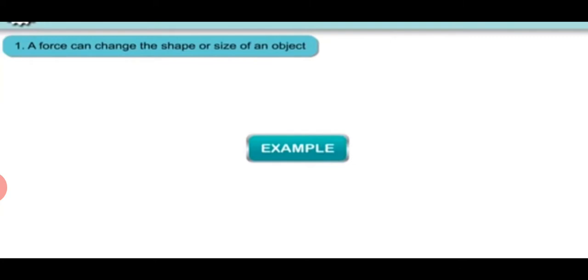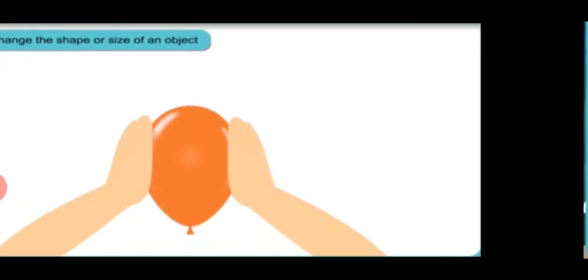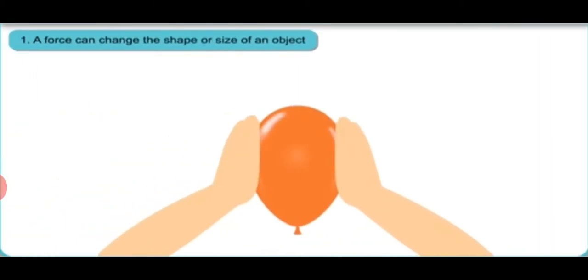First, a force can change the shape or size of an object. For example, if we press a balloon with our hands, the shape of the balloon changes, but not the mass. Force can change the shape of an object but not the mass.